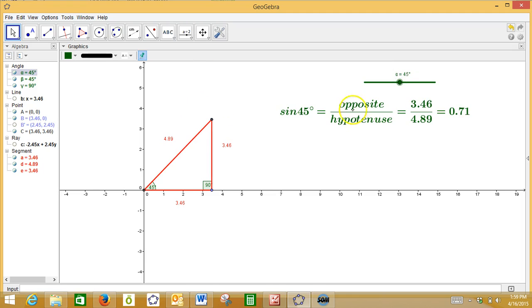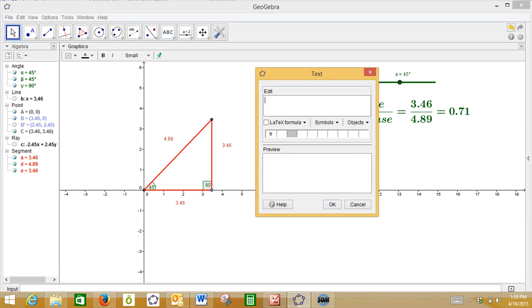The last thing is we're going to take this whole thing here and do another one for cosine. I'm going to click on the text, and then I'm going to say the cosine of my angle A, so there's our cosine of 45 degrees, is equal to, on the LaTeX formula, I'm going to go down here to roots and fractions, grab my fraction.